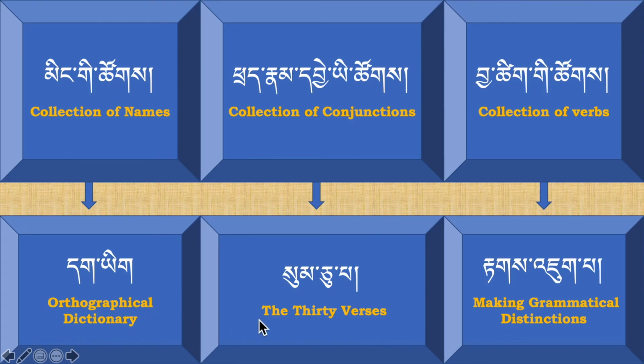Orthographical dictionary, I don't know if it's a perfect term, but that is what I found as a translation. Don't worry, we're going to learn step by step. I'm just trying to show you a picture, or a frame, of this Tibetan grammar that we have and how we have to learn it.